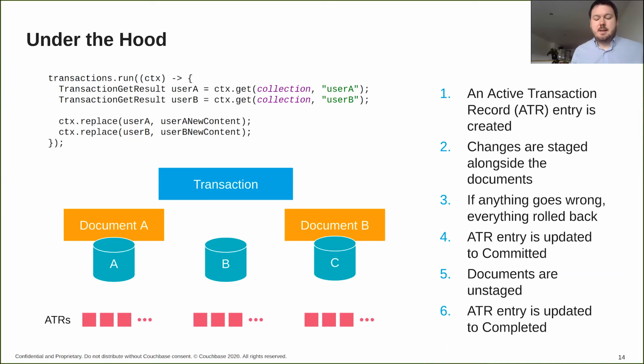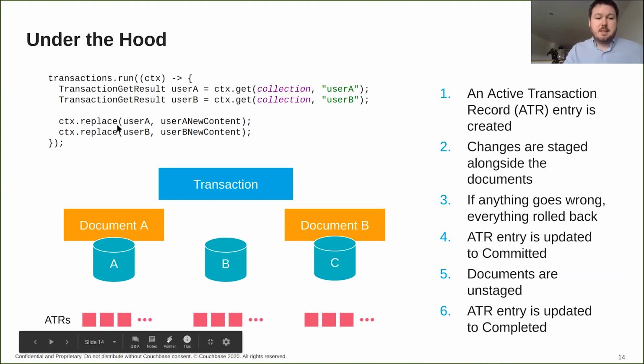And instead of having a single transaction log, which is a major point of conflict and contention, we distribute this active transaction record across these 1,024 individual documents. This is a cornerstone of how we achieve distributed performance at scale, which I'll come back to on the next slide.